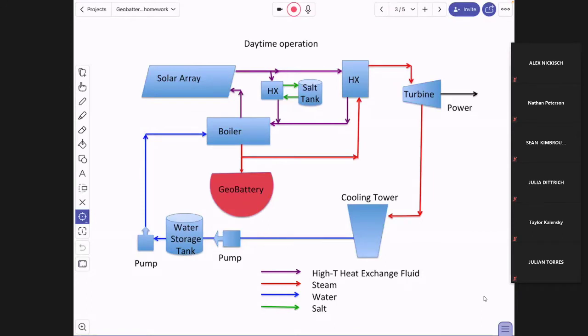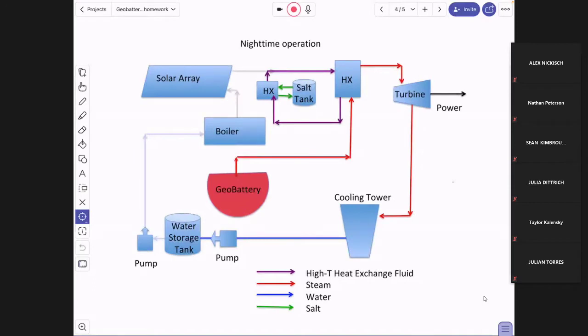Then the sun goes down, and this thing gets switched around. Now I'm taking the steam out of this geo battery, straight into the turbine. If I get rid of all of that, it's not our problem right now. Then I just go directly from here through that turbine. Now this all goes to a cooling tower. That's all common power plants. The idea of the cooling tower is to drop the pressure back here.